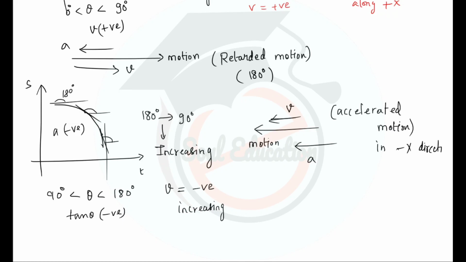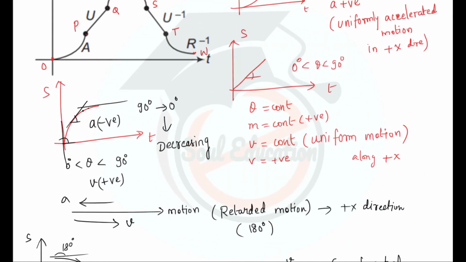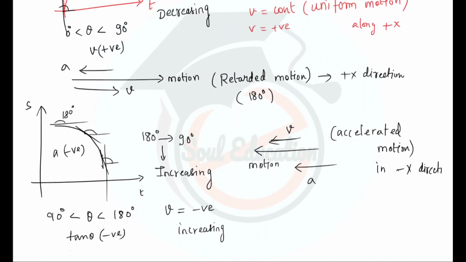In the previous part, the retarded motion was in the positive x direction. Before that we already saw accelerated motion, which is also along the positive x direction. I hope you understand the point clearly.